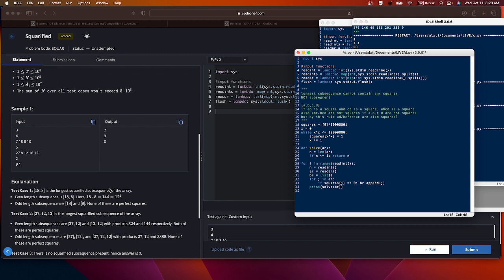In the third test case, 8, 12, 12, 2, 2, 2. No, it's not even that. It's 27, 12, 12.